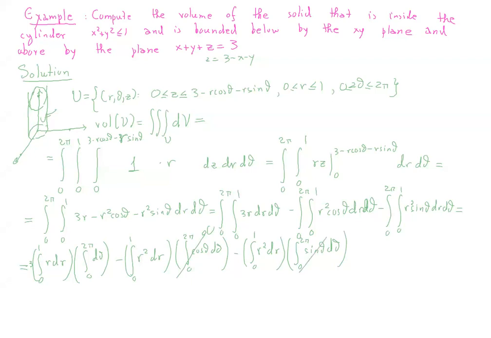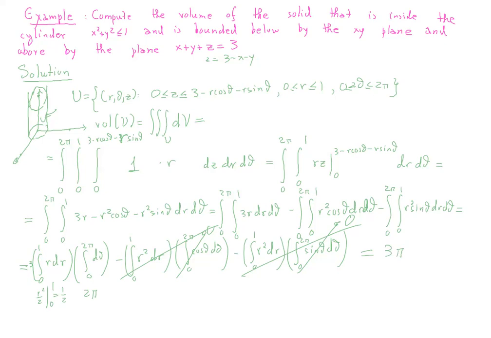So this is 0, this is 0. I don't care about these things anymore. And this is r squared over 2 from 0 to 1, which is 1/2. This obviously 2 pi, and I have also the 3. So the final answer is 3 times 2 pi times 1/2, which is 3 pi.